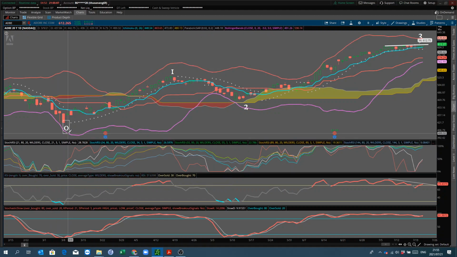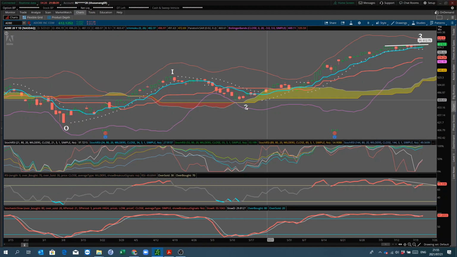Then I can assume that this is a 0, my starting point. Then I start my count from there. So in this case, I started there. That was the bottom on the weekly and the daily.